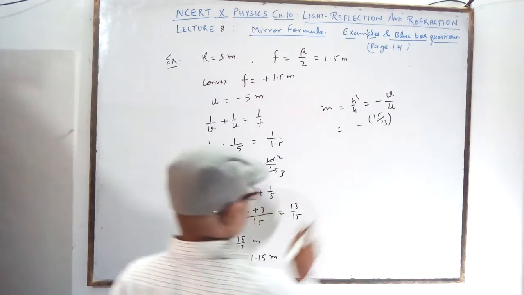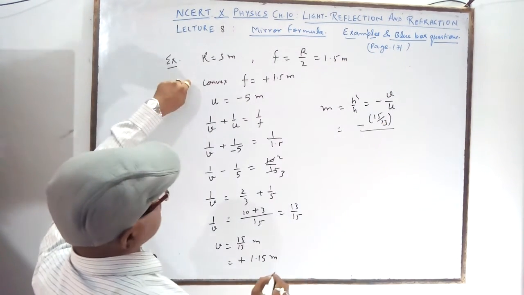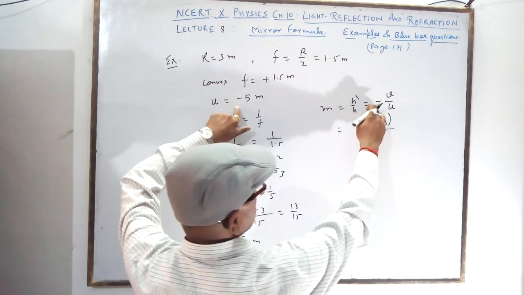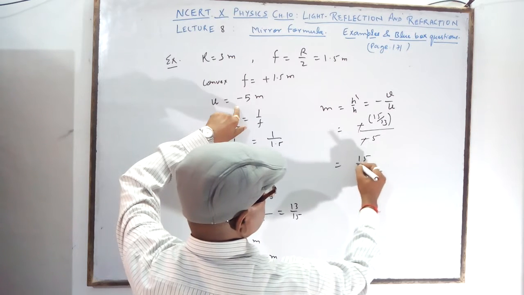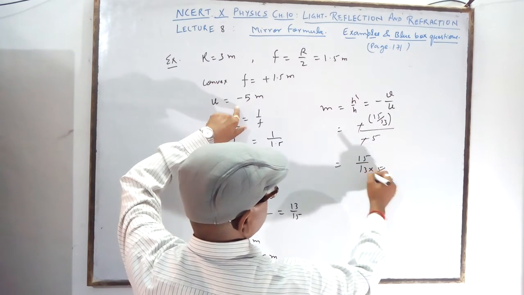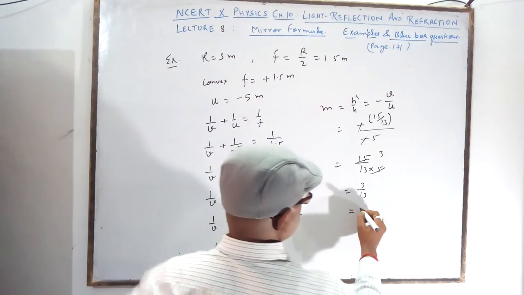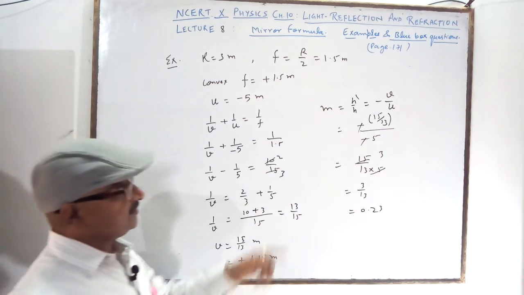No need to put the decimal value. Upon what is u given? u is given minus 5. This sign is the formula sign and this is the given sign. Minus minus cancel. 15 upon 13 into 5, 5 threes are 15, so 3 by 13, which is approximately 0.23.